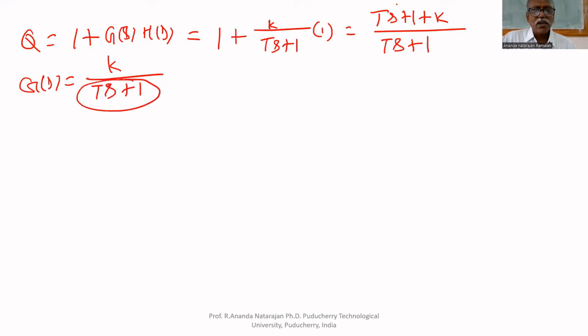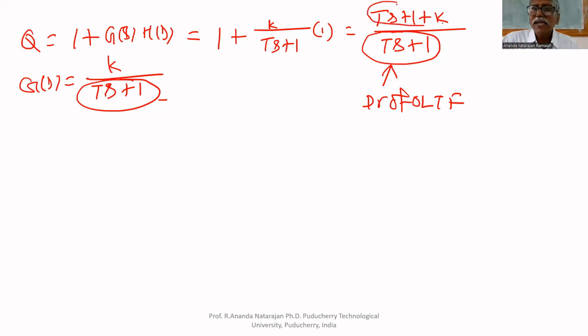The denominator polynomial of the open loop transfer function and the denominator polynomial of Q of S are the same. In other words, the denominator of Q of S is the denominator of the open loop transfer function. What is the numerator? The numerator is the denominator of the closed loop transfer function, or the characteristic polynomial.